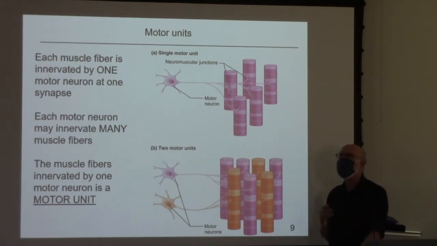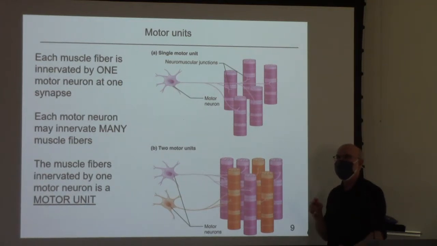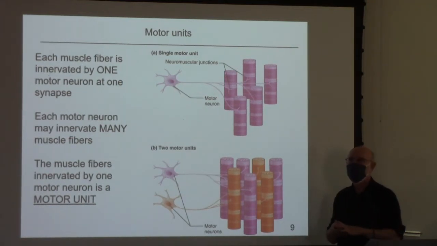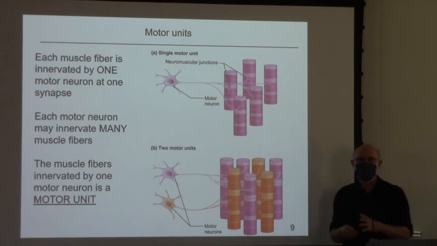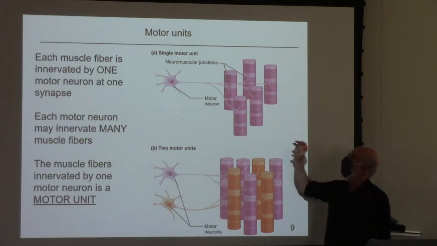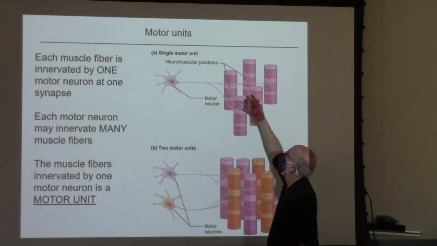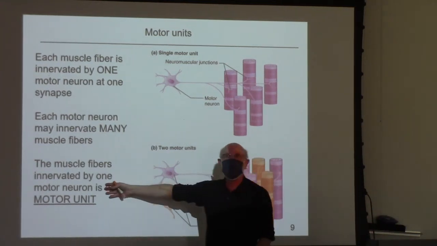I don't think there's any muscle that is made up of one motor unit, that is innervated by one motor neuron. I think all muscles are innervated by several motor neurons. That means they have several motor units. Any questions about this definition of motor neuron, the synapse, branching, and the definition of a motor unit?